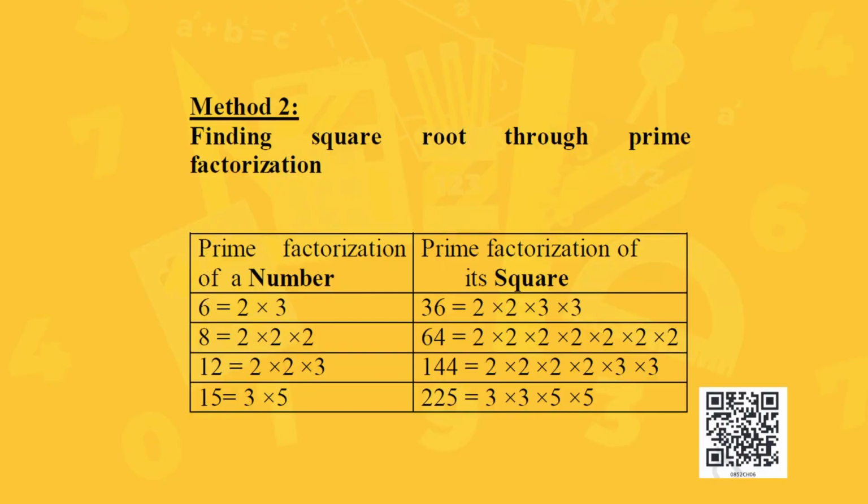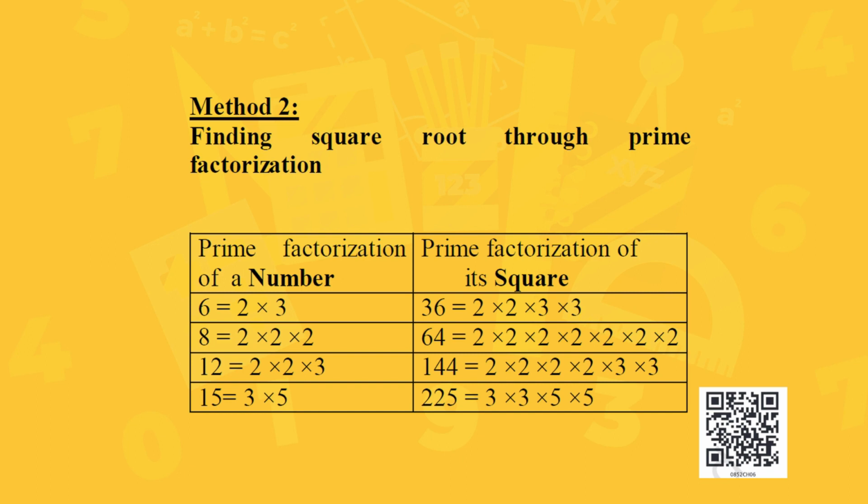In the prime factorization of 6, 3 occurs once, whereas in the prime factorization of 36, 3 occurs twice. Look at the prime factorization of 12, where 2 occurs twice, but in 144, which is the square of 12, 2 occurs 4 times.